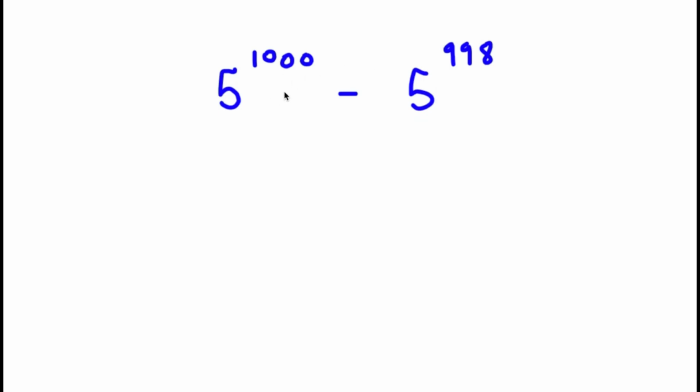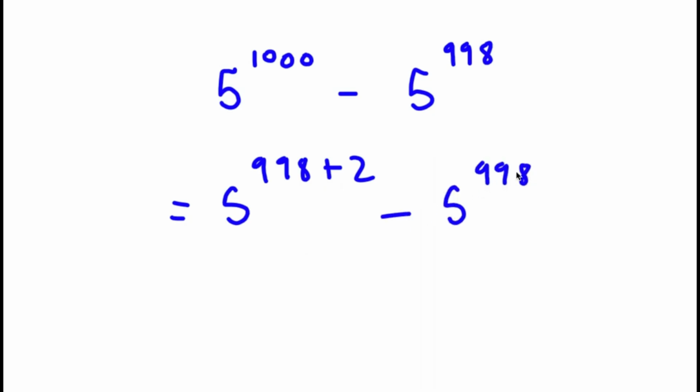So, to solve this, I'm going to first substitute in 1000. I'm going to change 1000 to 998 plus 2, because 1000 equals 998 plus 2. So I have 5 to the power of 998 plus 2 minus 5 to the power of 998.